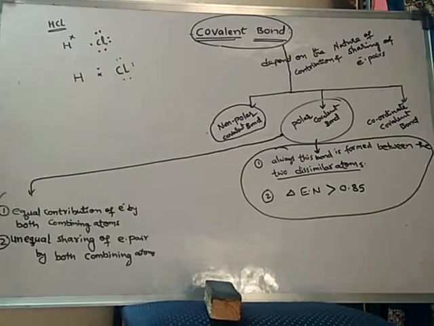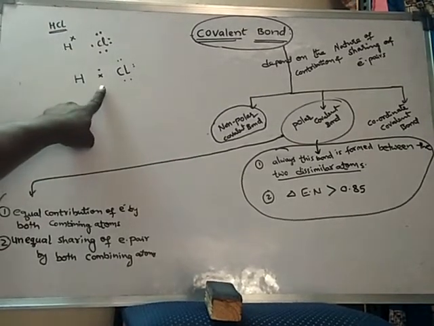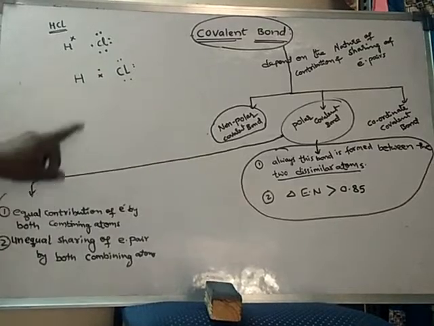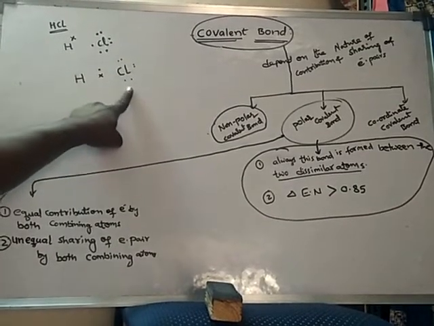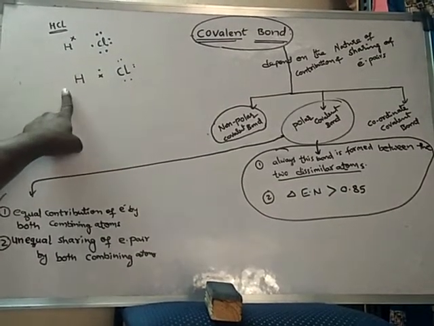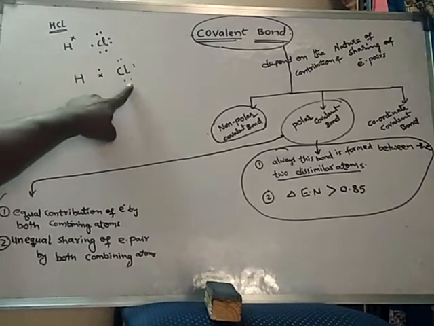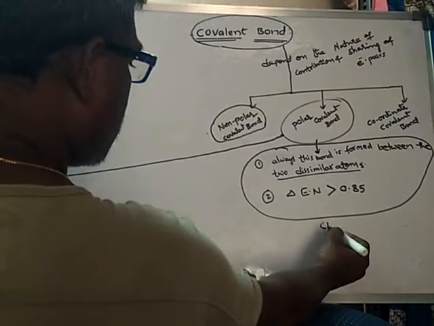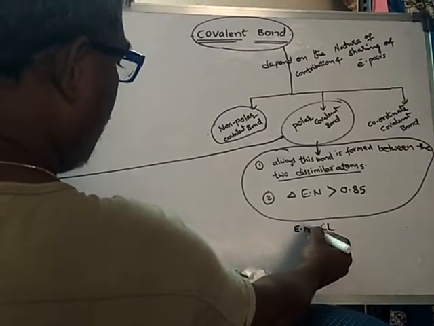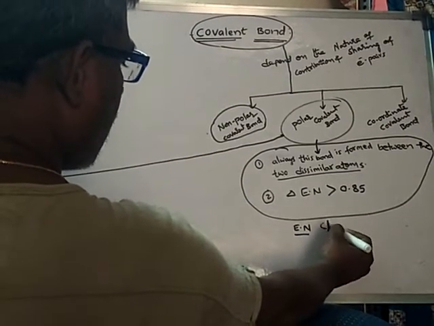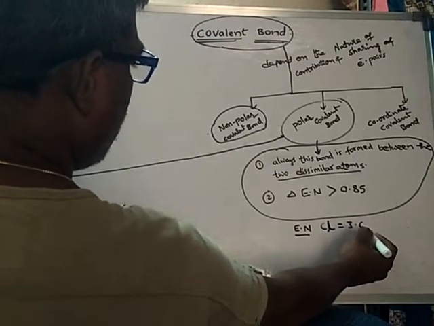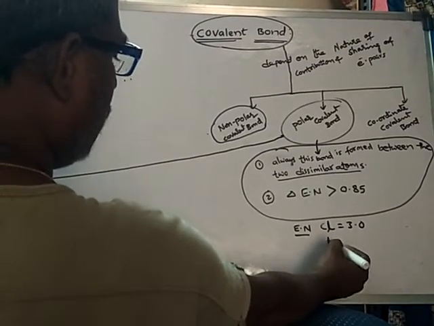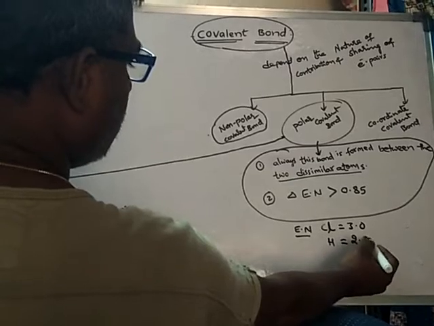Now after the formation of the pair of electrons, what happens? This is the more electronegative atom and this is the less electronegative atom. What is the electronegativity of chlorine? See, chlorine's electronegativity is 3.0, whereas hydrogen's electronegativity is 2.1 only.